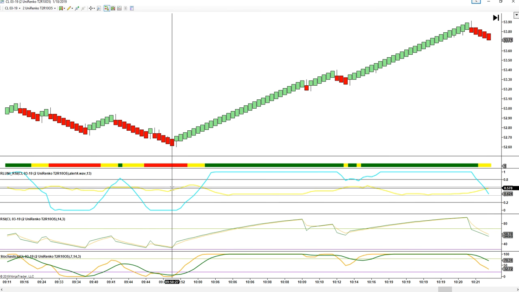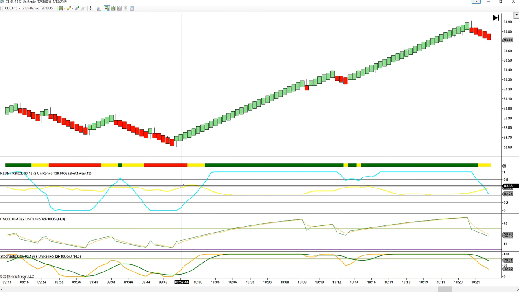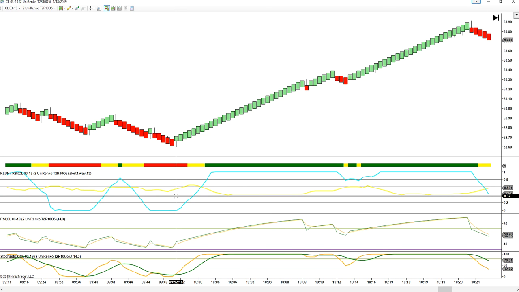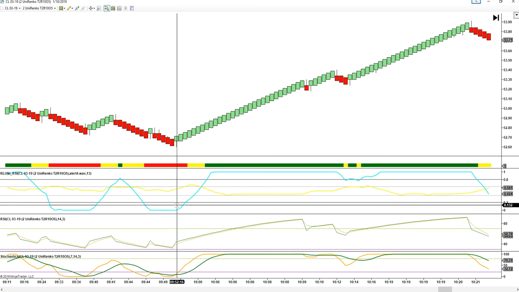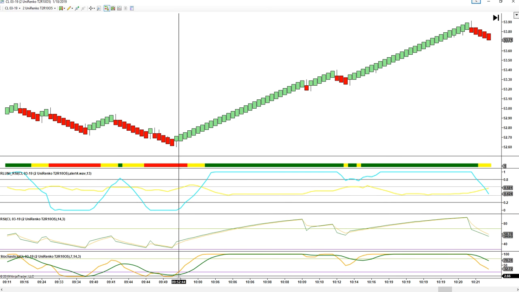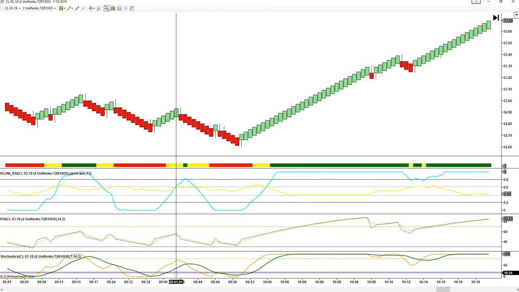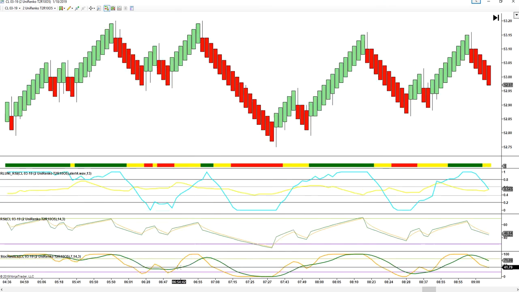Let's look at a big move. This is the kind of move that you want to get. Now, first, let's take a look at the entry signal we would get off of stochastic. Now, hold on, let me switch to a different entry.